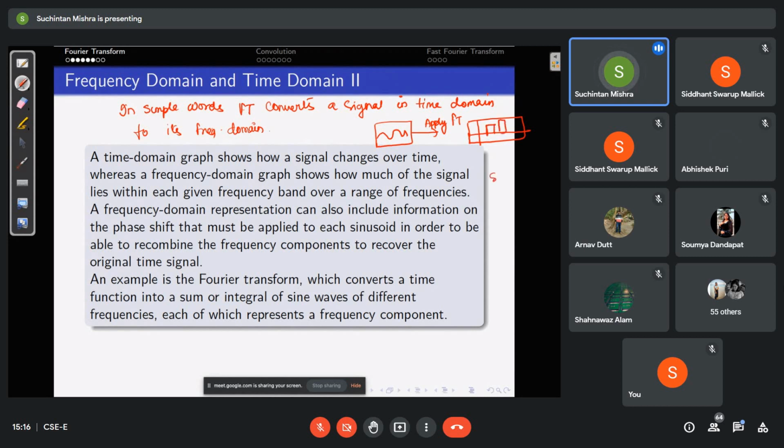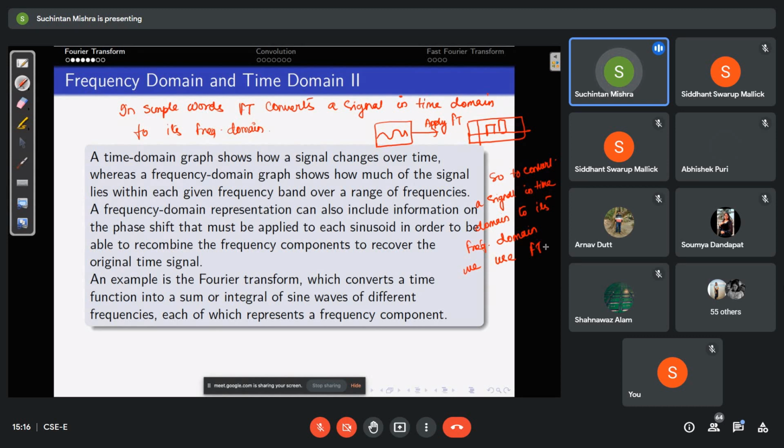So to convert a signal in time domain to its frequency domain, we use Fourier transform.